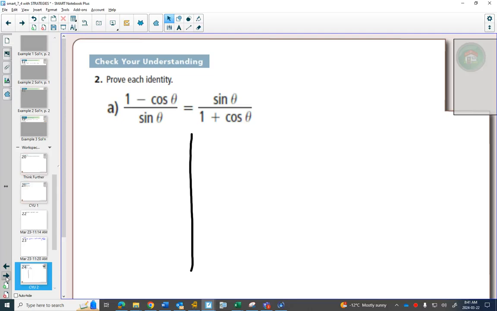So in this question, I am going to introduce you to one strategy that has 2 different names. Okay? There's the name that I gave it. The name that I give it is build the other side.